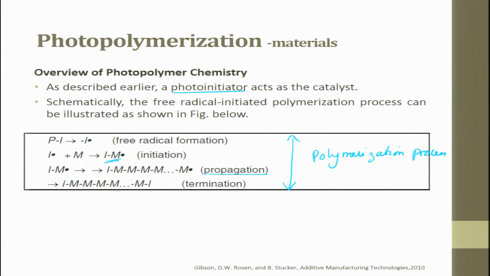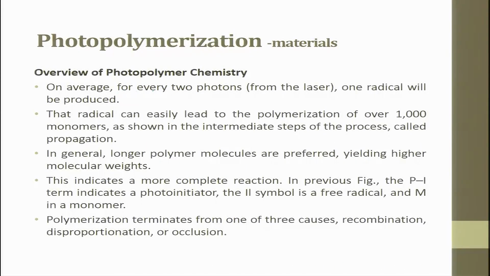On average, for every 2 photons from the laser, one radical will be produced. That radical can easily lead to the photopolymerization of over 1000 monomers, as shown in the intermediate steps of the process called propagation.